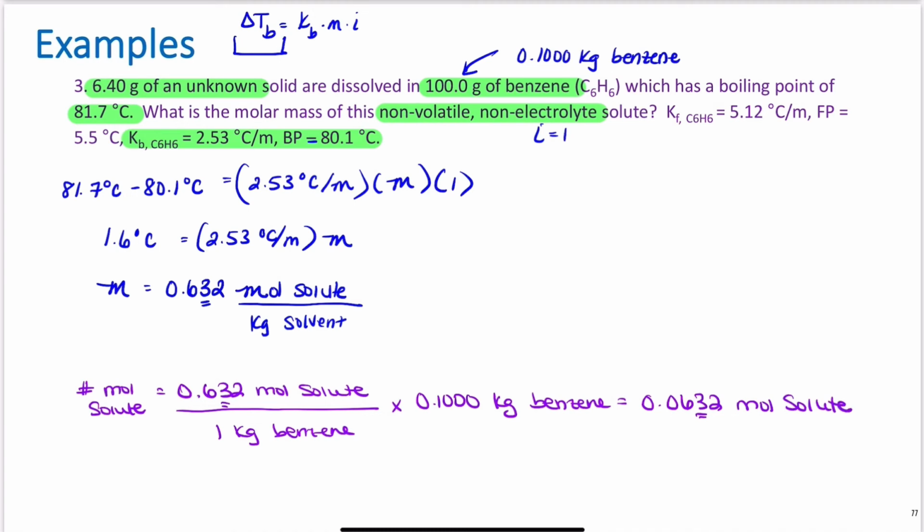Now I've got my moles of solute, and I know the original question told me I had 6.4 grams of that unknown solute, so I can figure out the molar mass. 6.40 grams of solute, and by the boiling point, I've determined that we have 0.0632 moles of solute, I apologize.